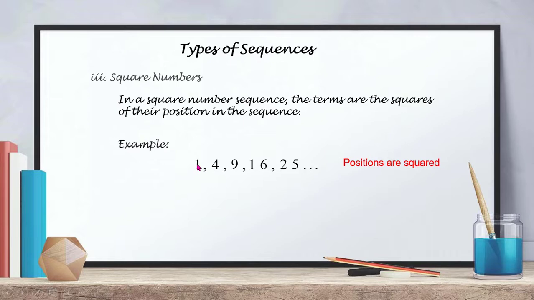The first term 1 is position number 1, and 1 squared is 1. The second term 4 is position number 2, and 2 squared is 4. 9 is position 3, and 3 squared is 9. 4 squared is 16, and 5 squared is 25.